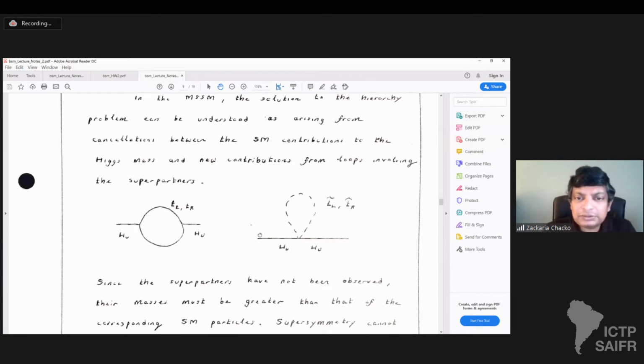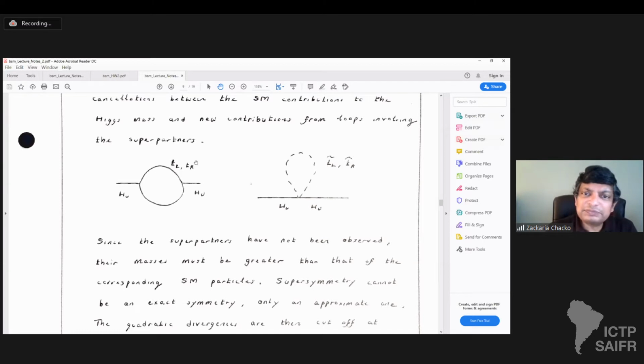And now the reason this is cancelled is that there are now new particles which are the superpartners of the top quark. They're called the stops. They're the superpartners of the top quark. And there's now a new diagram that contributes to the Higgs mass that involves these stops.